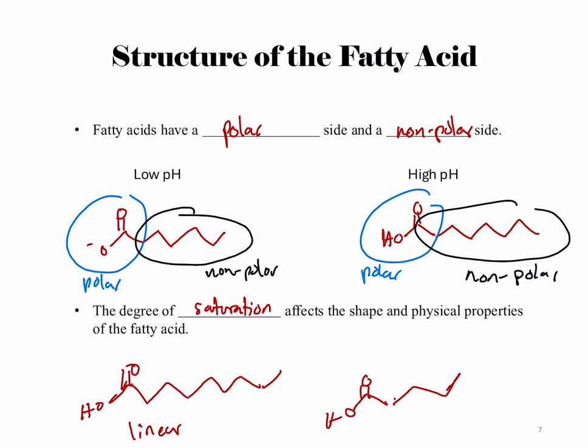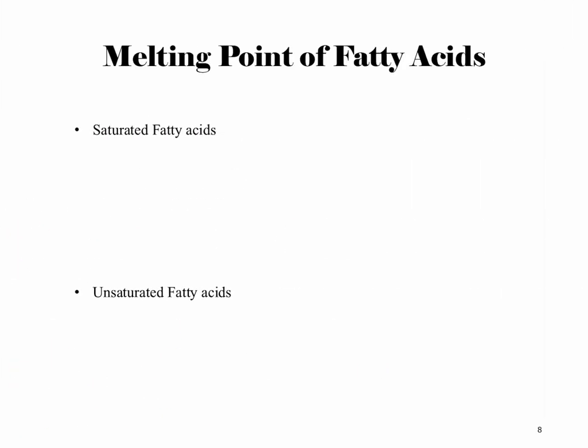If it is perhaps a cis double bond, this introduces a kink into the structure. So this is now a bent structure, right? So the physical shape has been altered because this is a planar bond that restricts the three-dimensional space of the fatty acid and the lipid, right? So the degree of saturation affects that. And so this, therefore, affects the melting point of fatty acids, right?